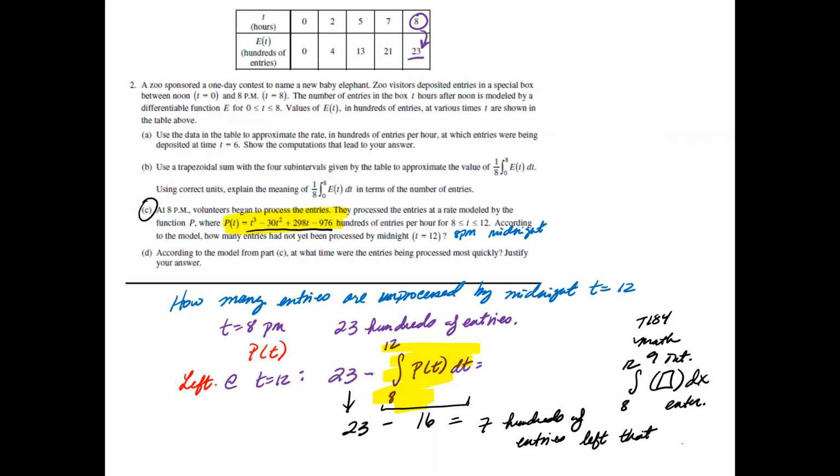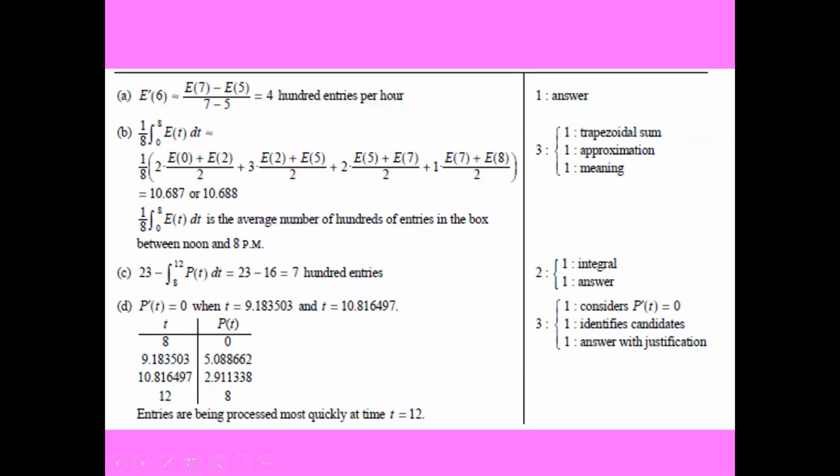And again, I always like to go back to the question so I can rephrase it. You could say left that had not been processed. So for part C, it is 2 points, 1 for the integral, 1 for the correct answer.